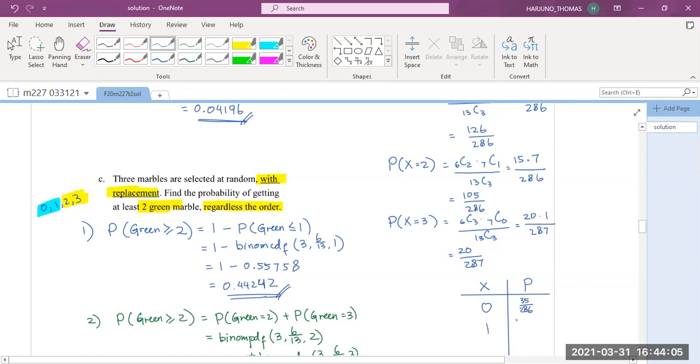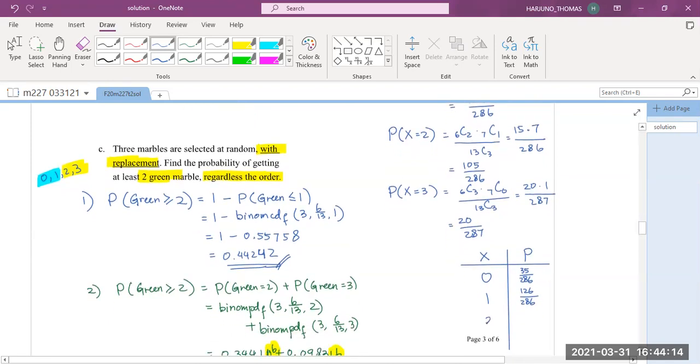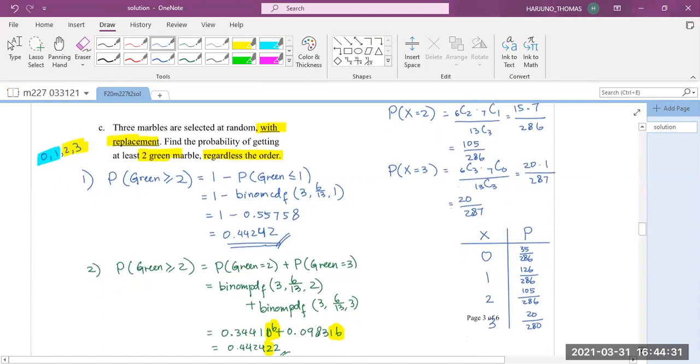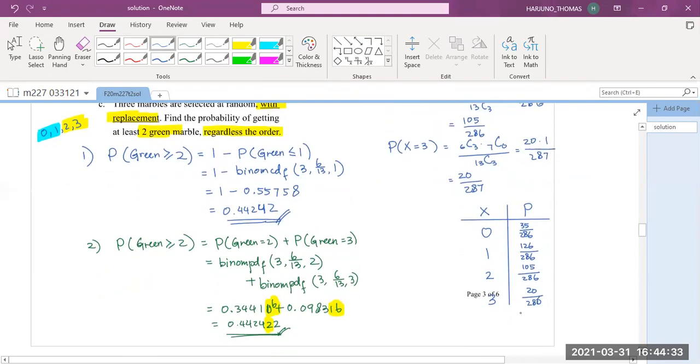For 1, the probability is, I happen to see it there, 126 over 286. Probability of 2 green marbles will be 105 over 286. And then probability of 3 green marbles will be 20 over 286. Now, don't forget you need to add them and make sure they add up to 1.